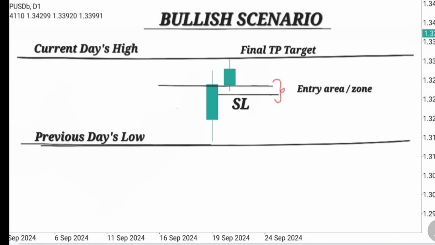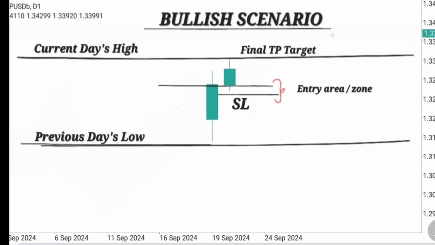Now for a bullish scenario, you have the previous day's candle. This is the previous day's candle, and this is the current day's candle. When you've identified your previous day's candle, you mark the candle close, because the market opens right there as we saw in the candle anatomy, trades low, makes a high here, and now closes here.